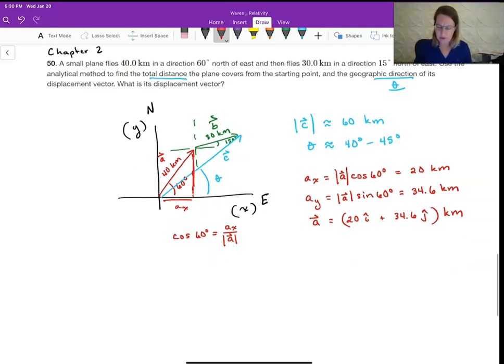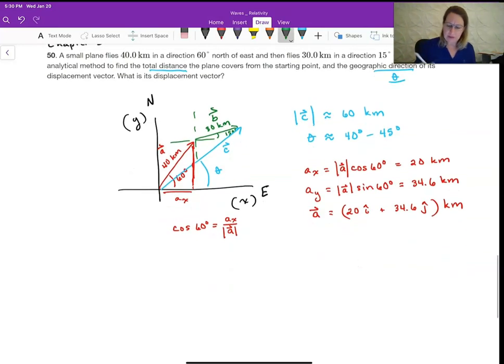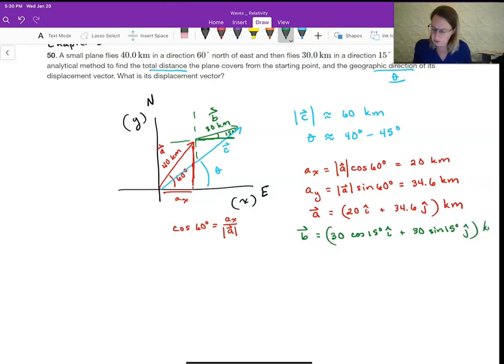So if I do the same thing for b, I have b is equal to 30 kilometers, the magnitude of that, and again the x component is the adjacent, so that's going to be cosine of 15 degrees in the i hat direction, plus 30 sine of 15 degrees in the j hat direction, kilometers.